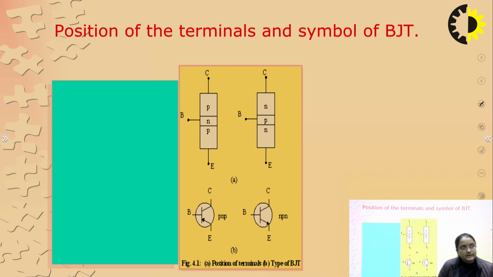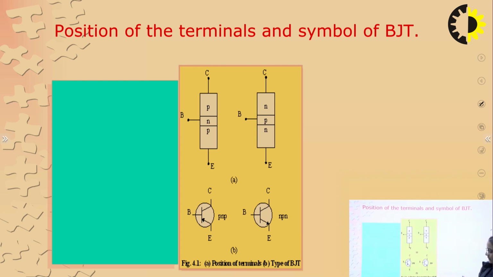This depicts the position of the terminals and the symbol of BJT, in which we have shown the basic symbol of the PNP transistor and the NPN transistor, and how they differ from each other.